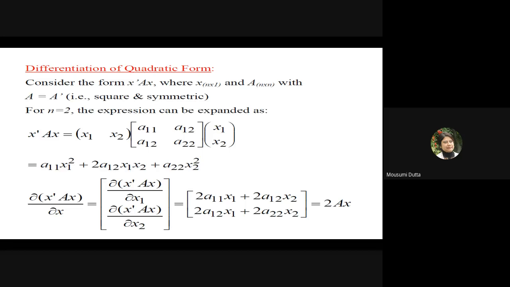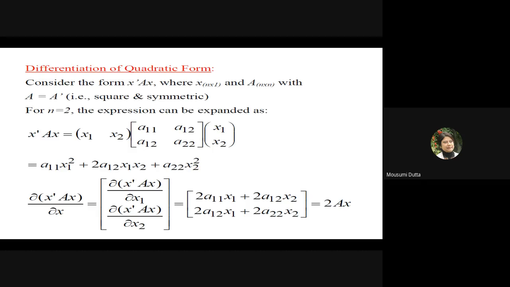x prime Ax, where A is a symmetric matrix of order n by n. It is a square symmetric matrix, pre-multiplied with x prime and post-multiplied with x, where x is a vector of n by 1.